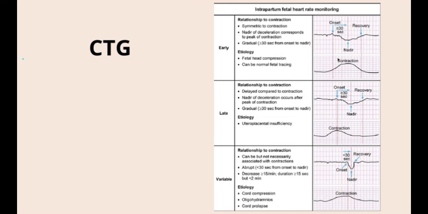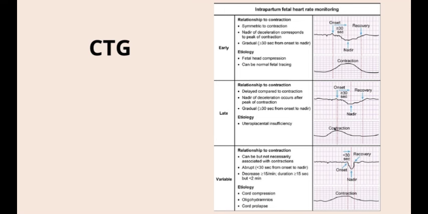You should be able to see that the bottom peak here, which is called the nadir, or the lowest point, lines up with the contraction. They generally take 30 seconds or so to reach the nadir from the onset, so they're quite long. And these are usually caused by fetal head compression, and they're kind of normal and nothing to particularly worry about in themselves.